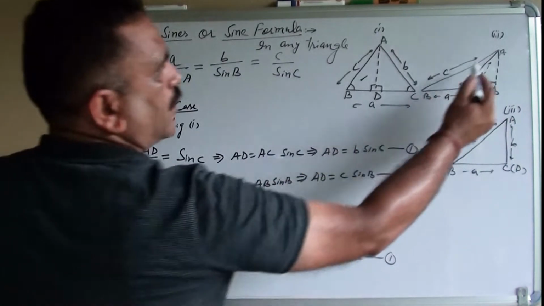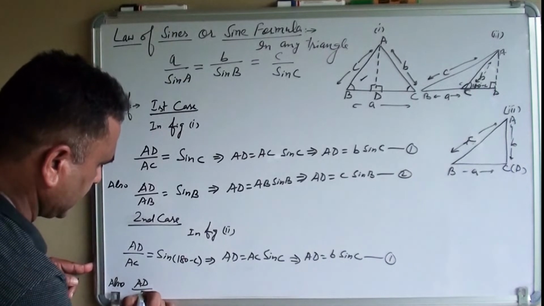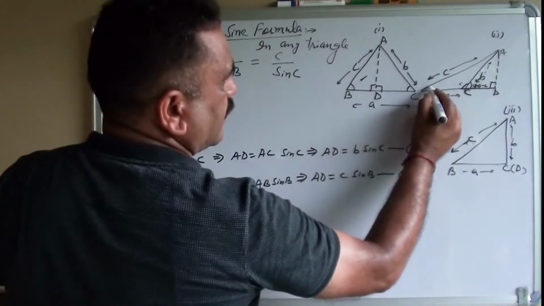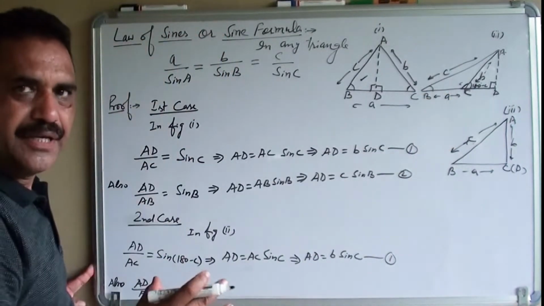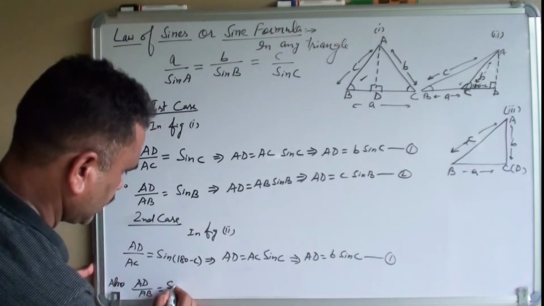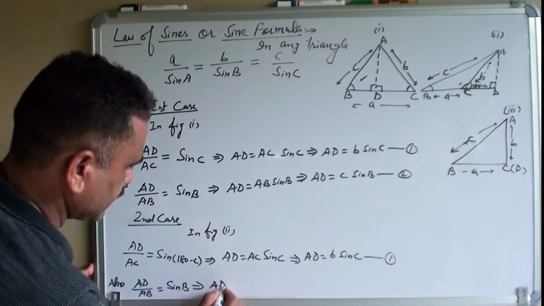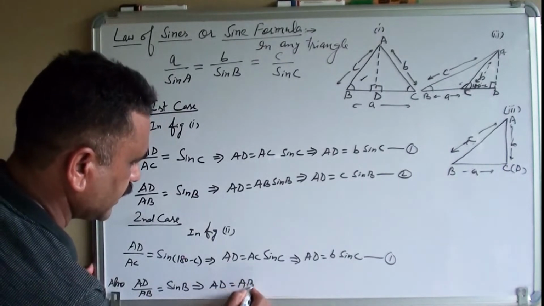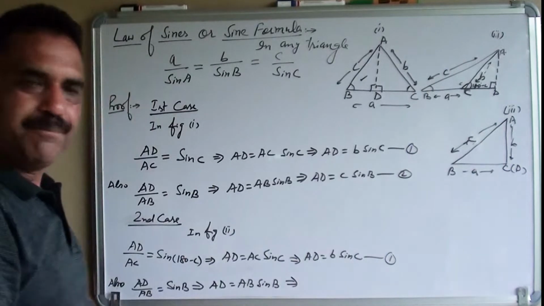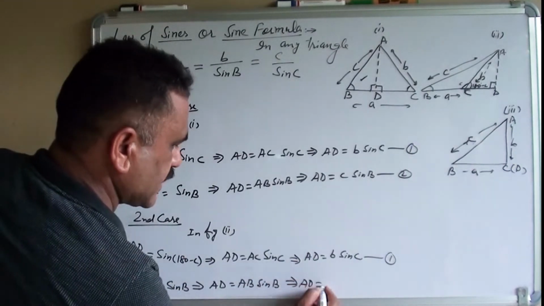in triangle ADB, AD upon AB is equal to sine of this angle. This angle is B, so obviously it will be sine B. So this implies AD is equal to AB sine B. Similarly, see from here, how much is the length of AB?